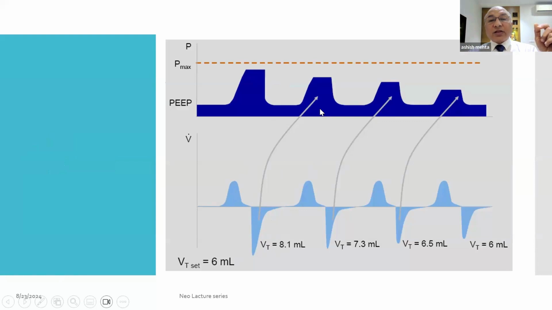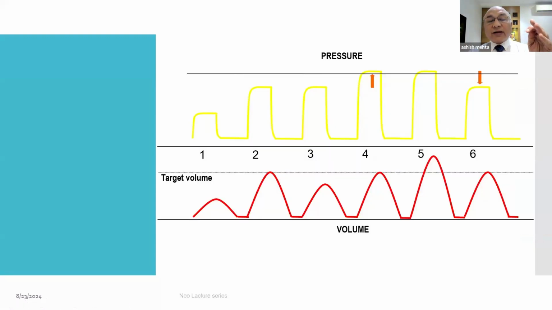So with the next 3 or 4 subsequent breaths, the exhaled volume is calculated every time, and depending on that, the pressure of the subsequent breaths is decreased. You can see here, it will keep on decreasing till the desired tidal volume is reached. And that is your volume guarantee. But when we use the word volume guarantee, it is a misnomer.